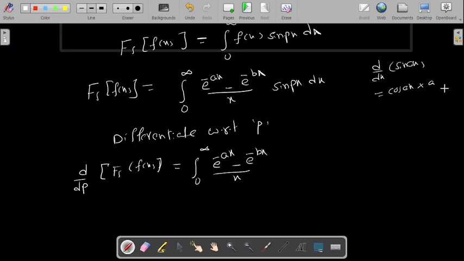Here you are differentiating with respect to p, so the differentiation of sin px is cos px, and since x is a constant, into x, into dx.